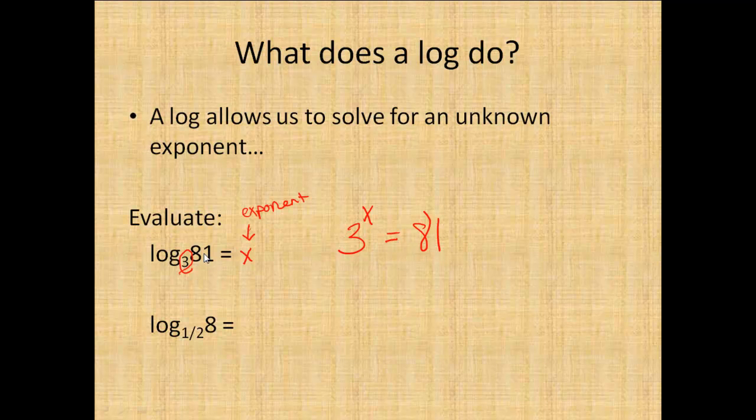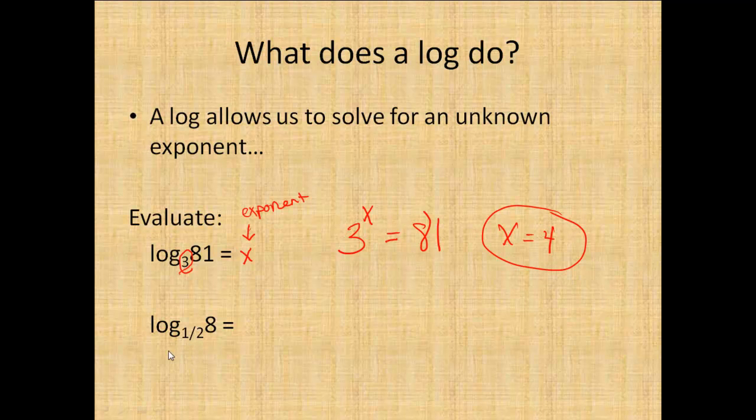So then you have to ask yourself, well, 3 raised to what power would give me 81? Since this one turns out to be a nice whole number, you can find out that x is equal to 4. We will do ones that don't turn out to be nice whole perfect numbers later.